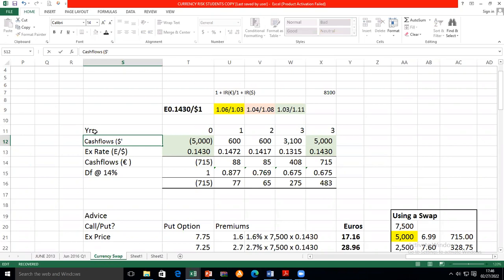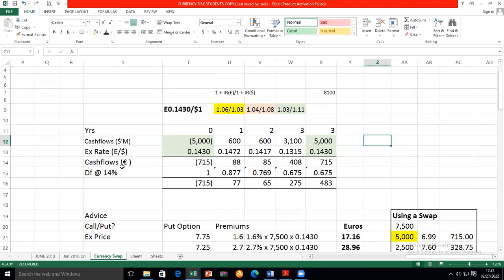Sometimes there's confusion in terms of what currency that is. These are in dollars, billions of dollars. And these are euros per each dollar, euros on a single dollar. So you do your multiplication.